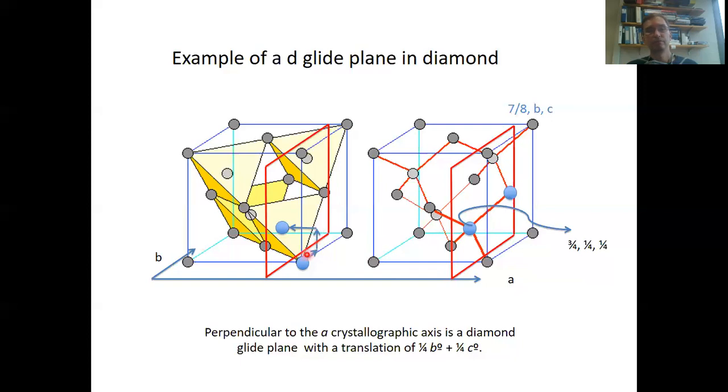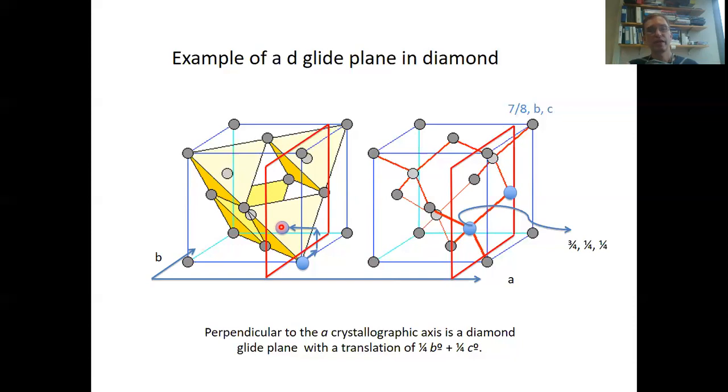Then we reflect at the glide plane here, and after that our atom is here, in a position within the unit cell. So it moved from the corner to a position within the unit cell.